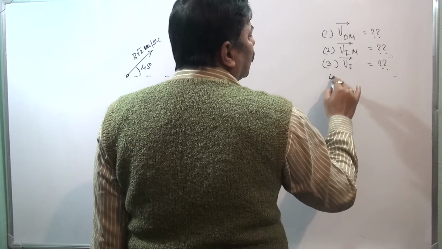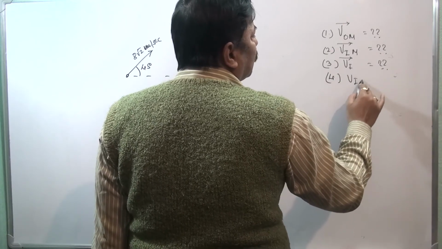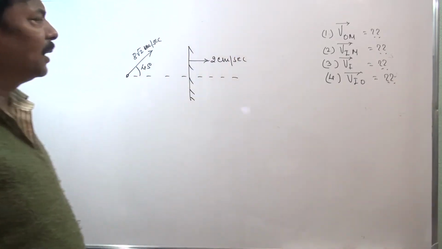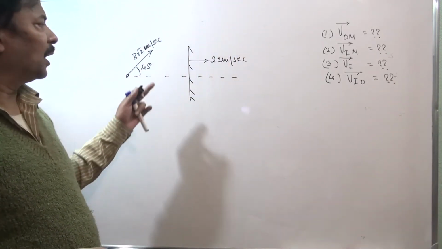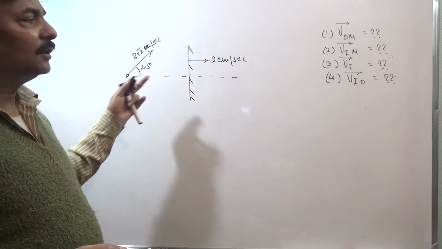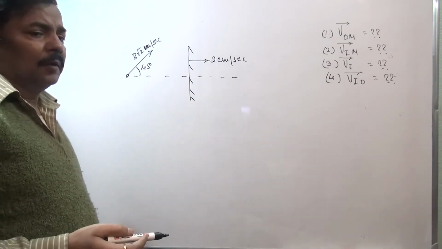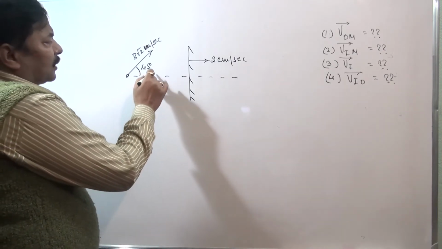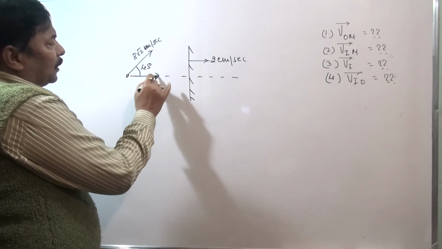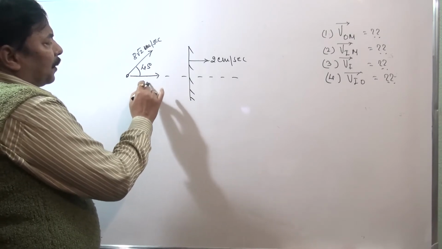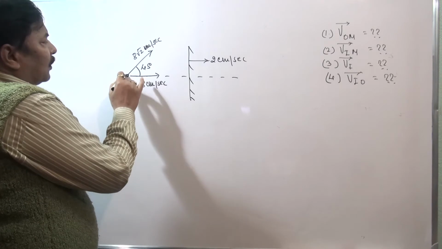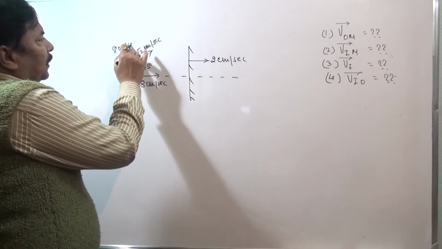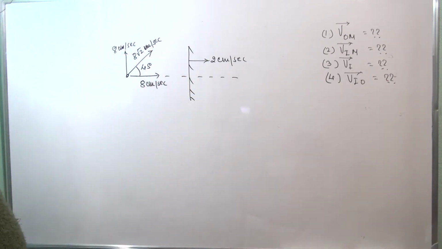And fourth, the velocity of image with respect to object. The relative velocity concept and the concept that I have told you, that the perpendicular velocity needs to be reversed, we have to understand. So in order to understand this question, in this direction the velocity component will be 8 centimeter per second, and this is also 8 centimeter per second. Now try to understand.